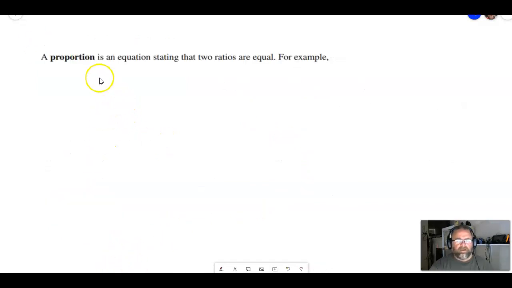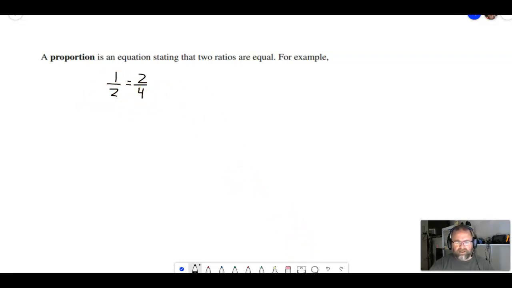All right, a proportion is an equation stating that two ratios are equal. So how do we set up a proportion? Well, we could set it up like this. 1/2 is equal to 2 over 4. And the question is, is this in proportion? Well, in order for this to be a proportion, both sides have to be equivalent.